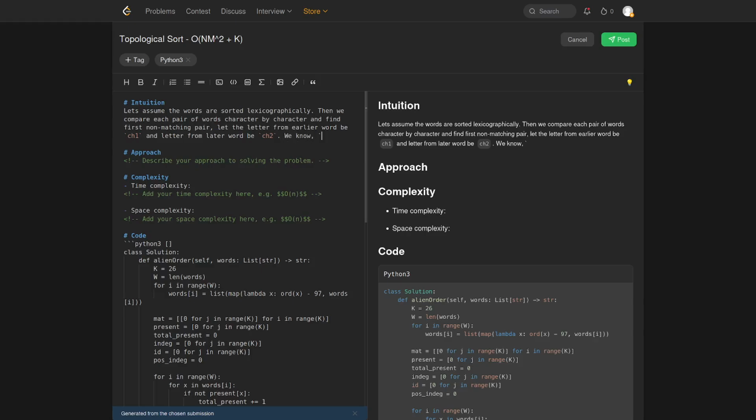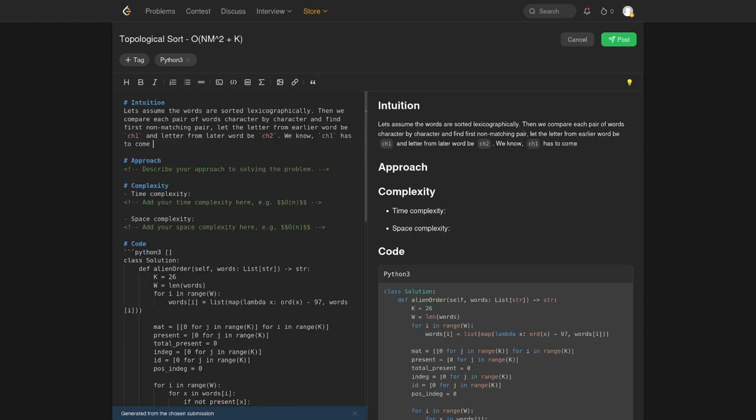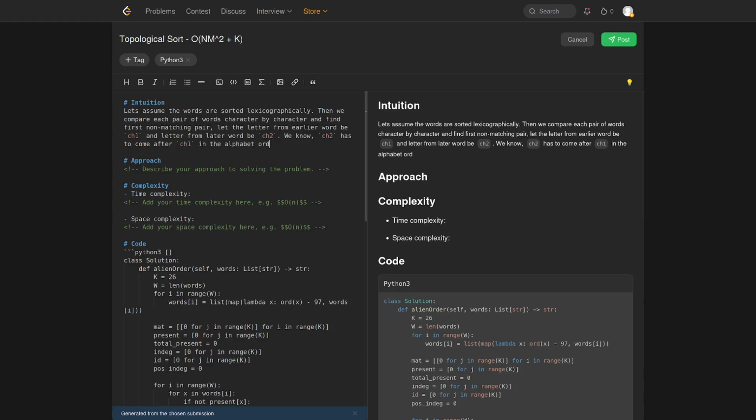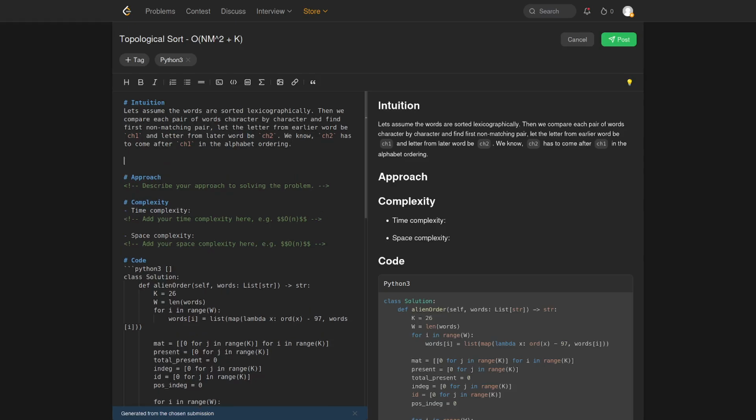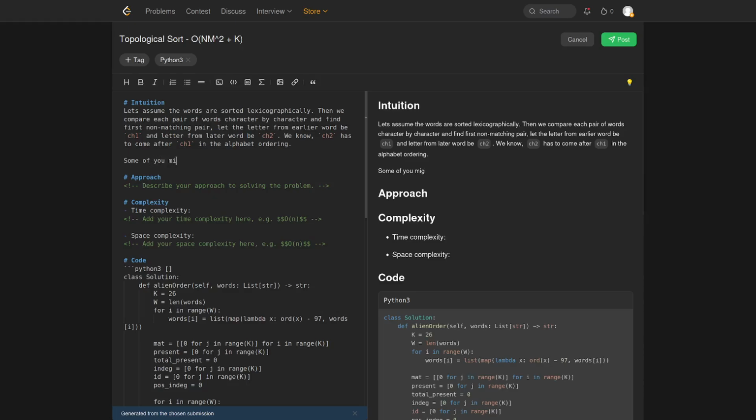We know char1 has to come before char2. No, we know that char2 has to come after char1 in the alphabet ordering. Some of you might already suspect what is going on.